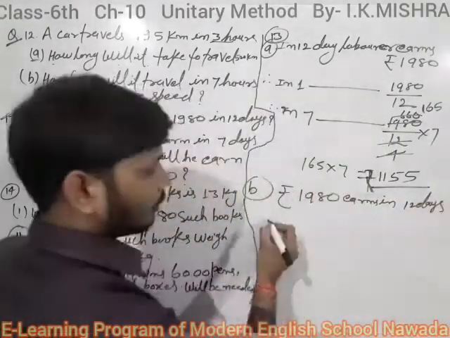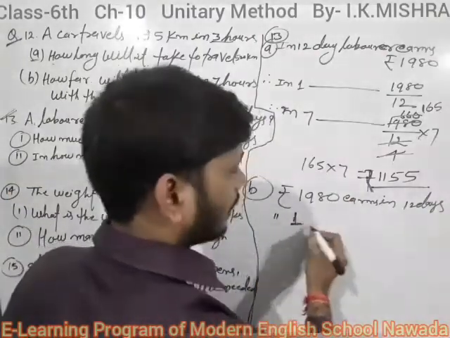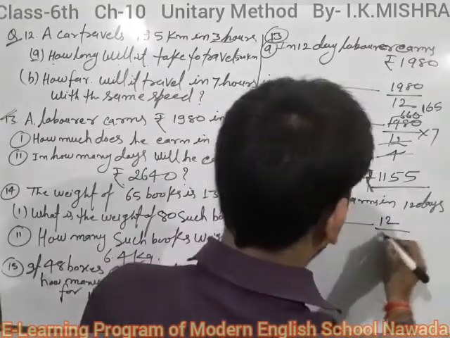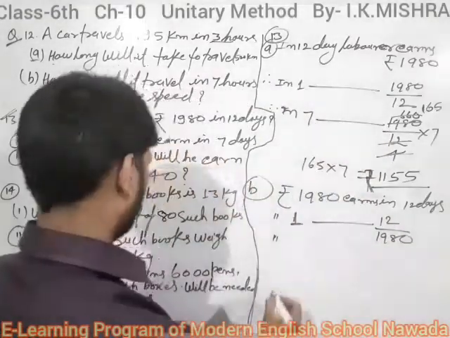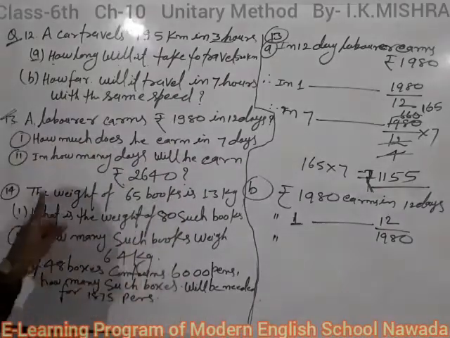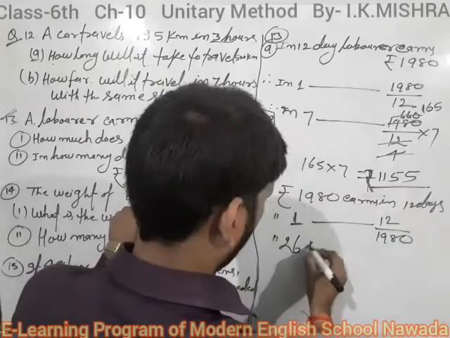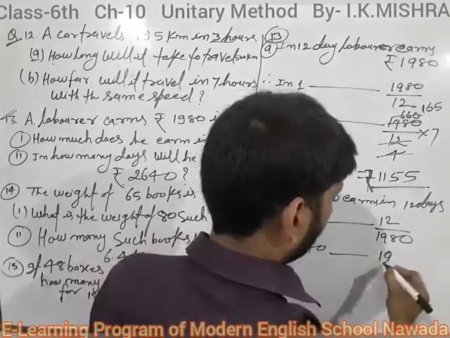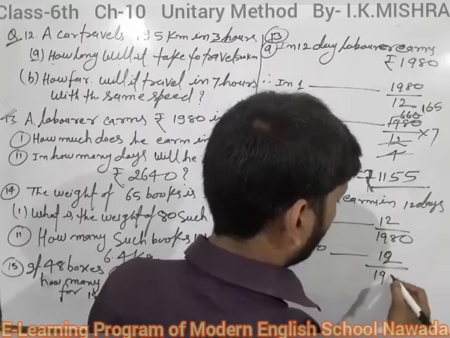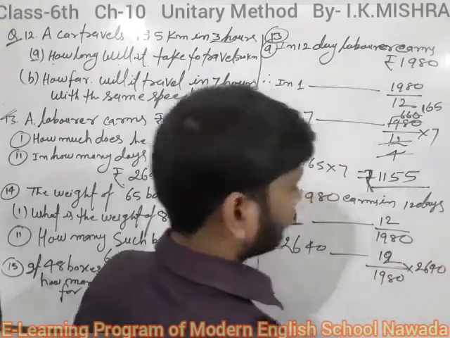Clear? So here also, rupees 1 is earned in 12 by 1980 days, and so to earn rupees 2640, that means 12 divided by 1980 into 2640.